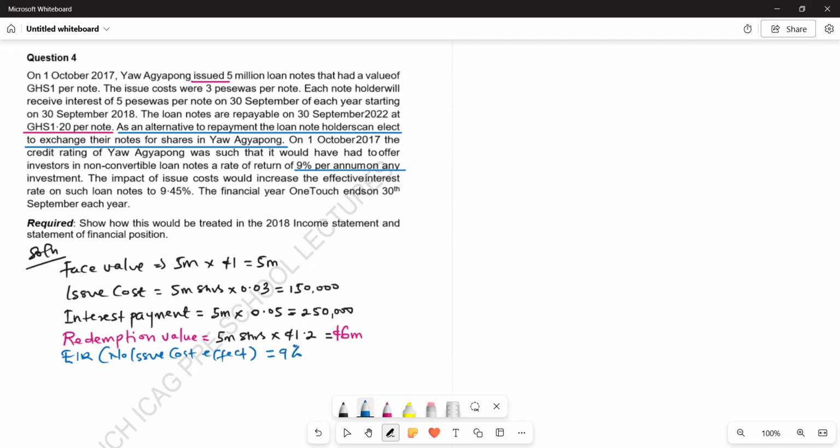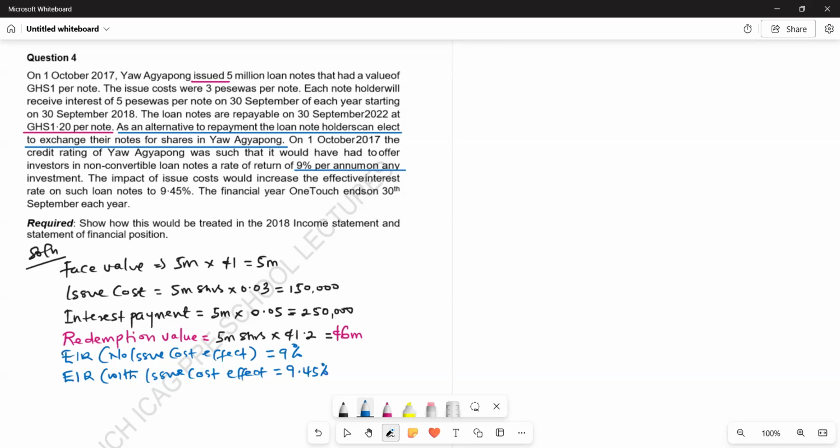The impact of issue cost would increase the effective interest rate on such a loan note to 9.45%. So the effective interest rate with issue cost effect is 9.45%. The financial year of the company ends on 30th September each year.